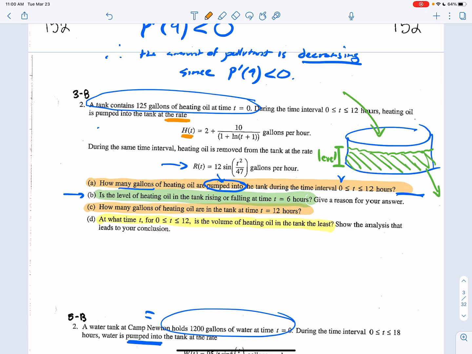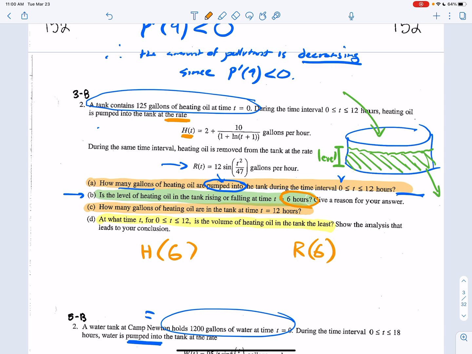So we're going to focus on the 6 hour mark. We'll find the rate at which oil is being pumped into the tank, and at the same time the rate at which oil is being removed from the tank exactly at that time too.